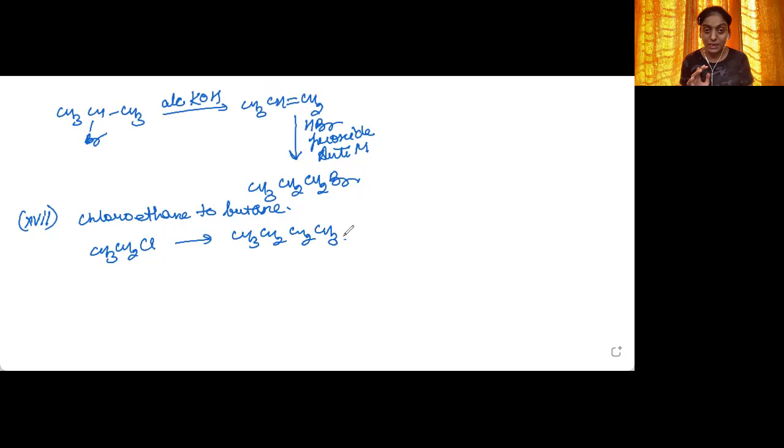Hope you have recognized which reaction you need to use here. The number of carbon atoms in the final product is double the number of carbon atoms in the reactant. Again, it's Wurtz reaction. Write the equation yourself now. Treat it with sodium, you will get this.